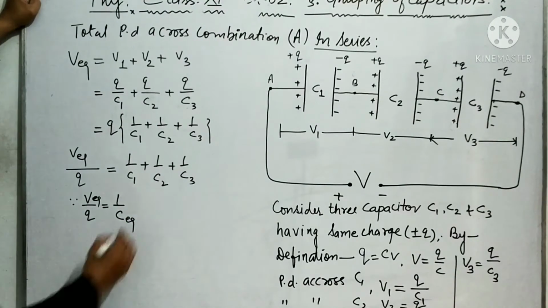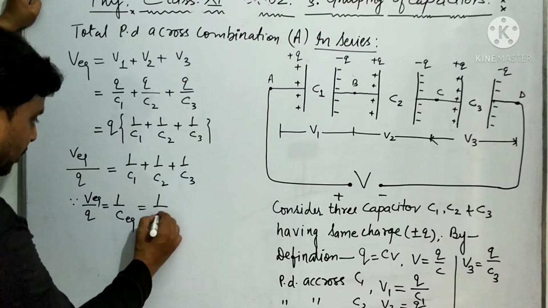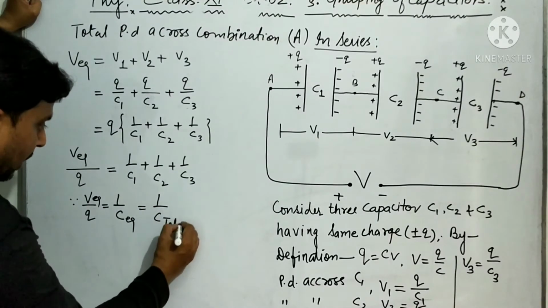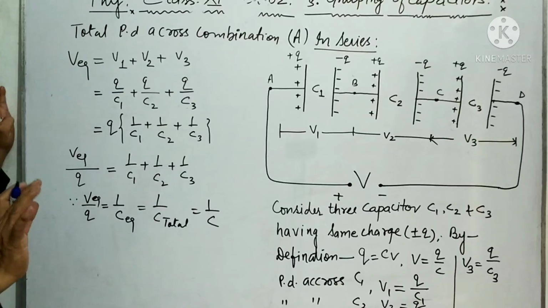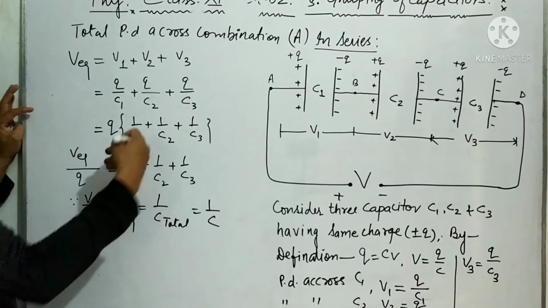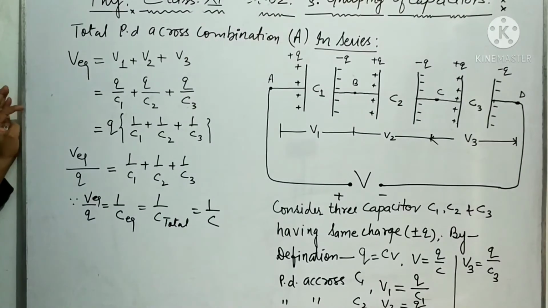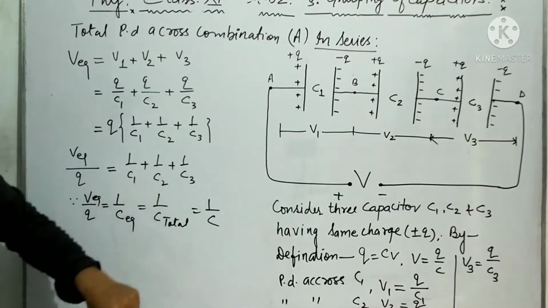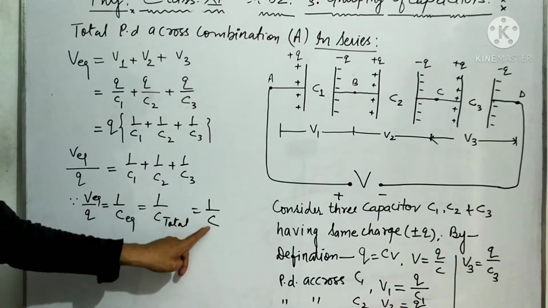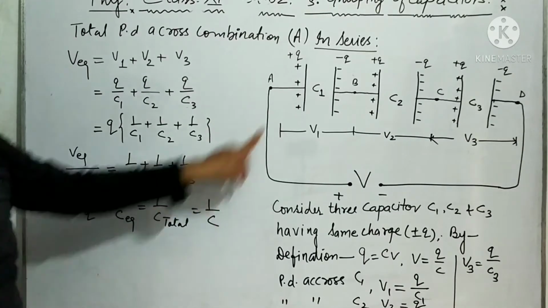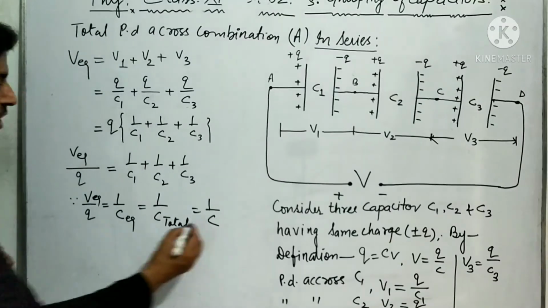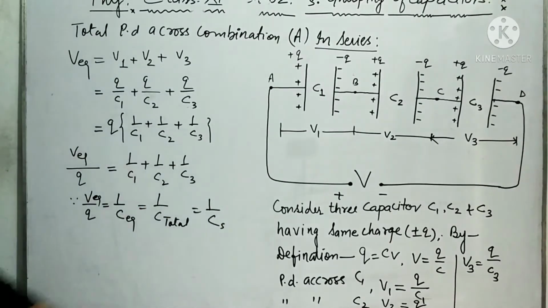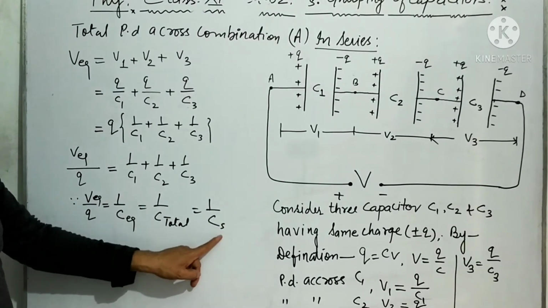Equivalent means 1 upon C total or 1 upon C net, because C1, C2, C3 are the individual capacitances. So the combined capacitance we can write as 1 upon C. For the series combination we can represent it by Cs also.